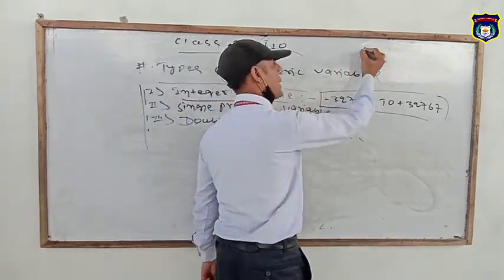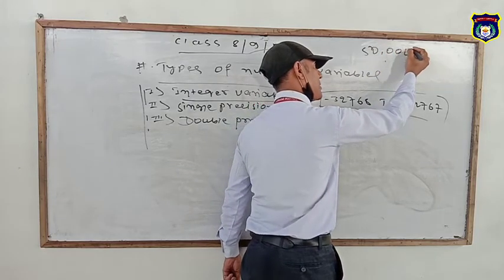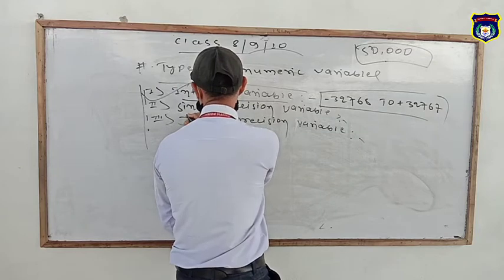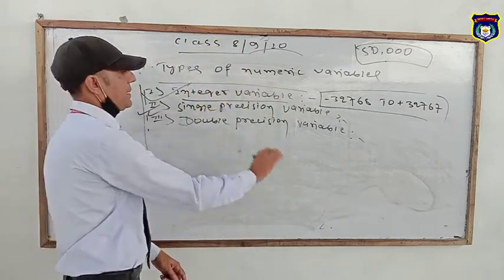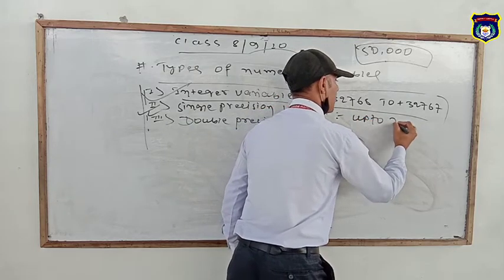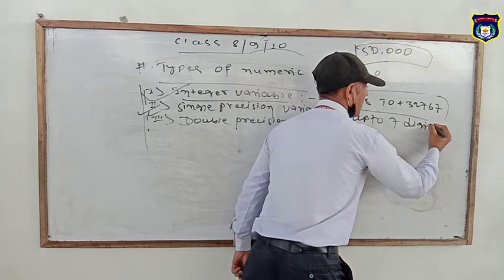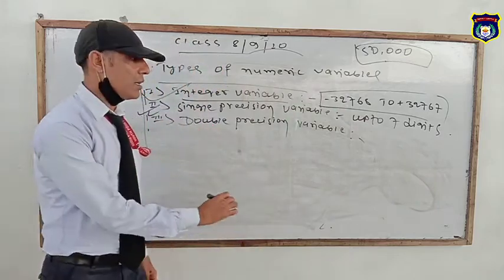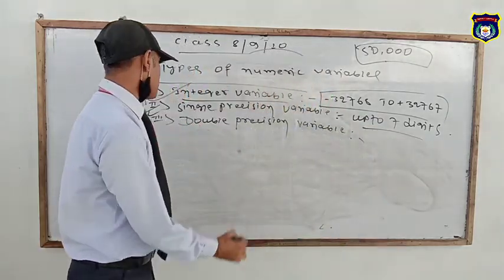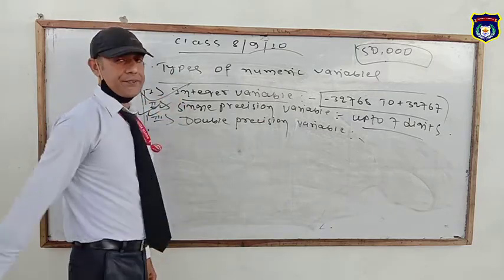Suppose we have to store 50,000, it is impossible to store it in an integer variable. Then we can use the single precision variable, number two. Its storage capacity is up to how much? 7 digits. All numbers made of 7 digits or fewer can be stored in single precision variables.